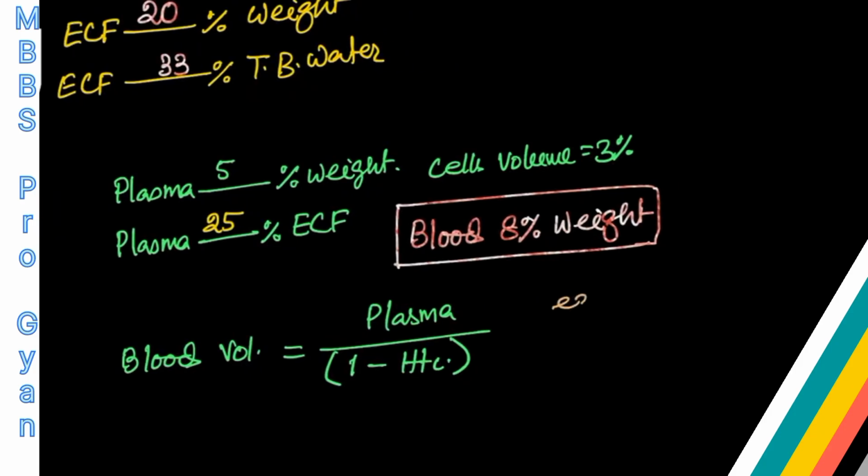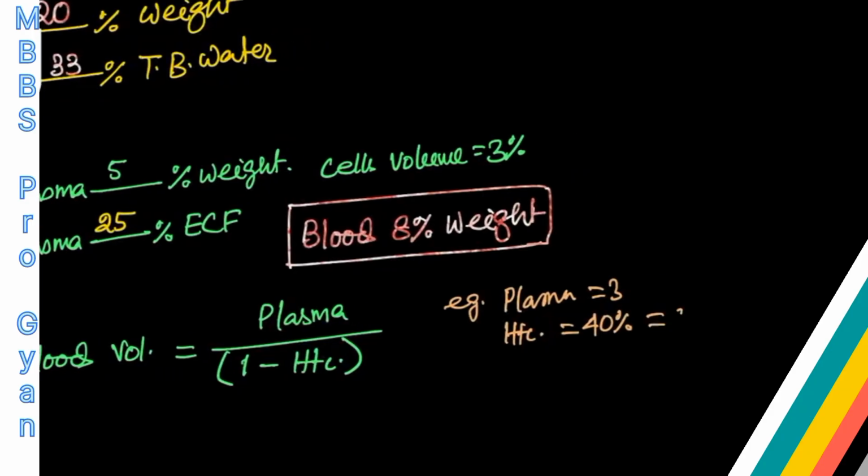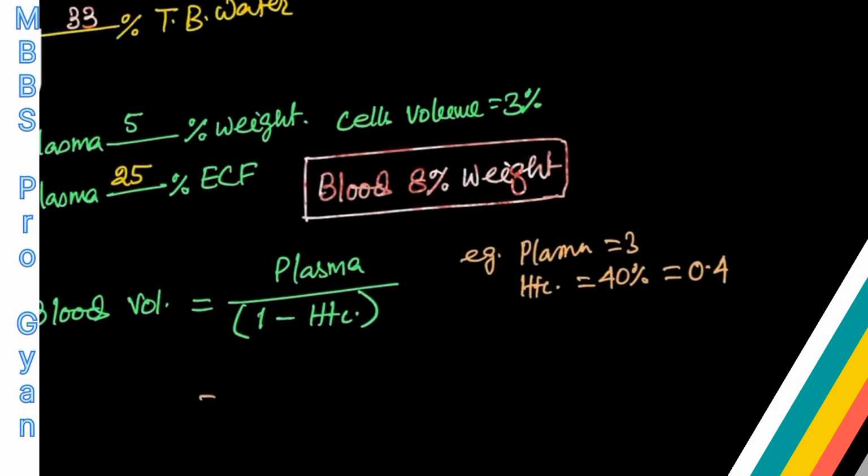Suppose in your question it is given that the plasma volume of a person is 3 liters, and the hematocrit, that is the PCV, packed cell volume, is 40%. Suppose a person is anemic and the PCV is given as 40%. So 40% is nothing but 0.4. Now if I put it into this formula, the plasma volume is 3 liters, so 3 upon 1 minus 0.4.